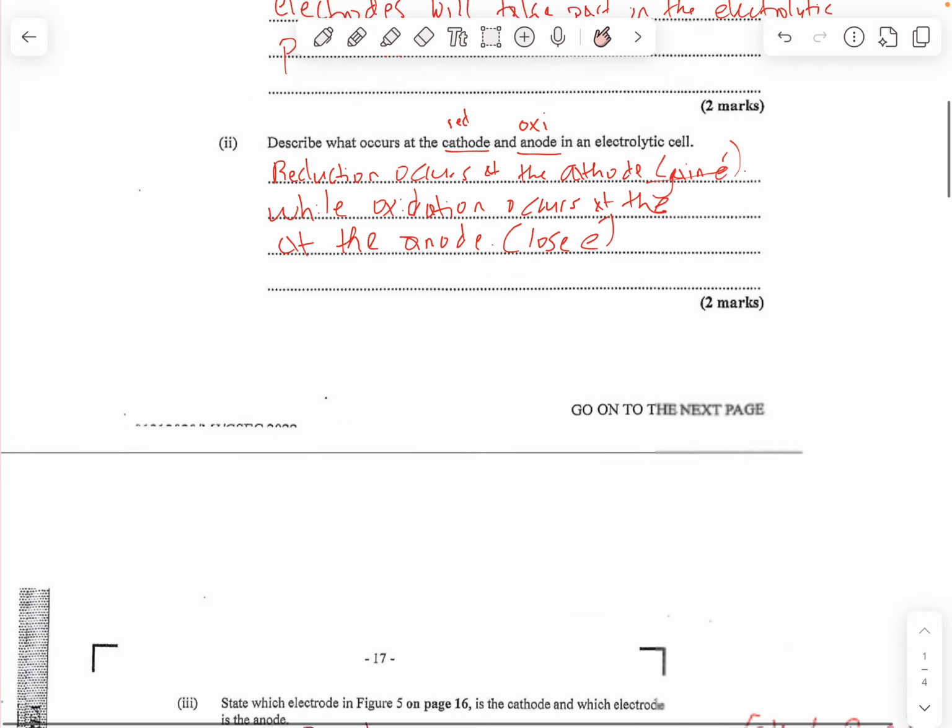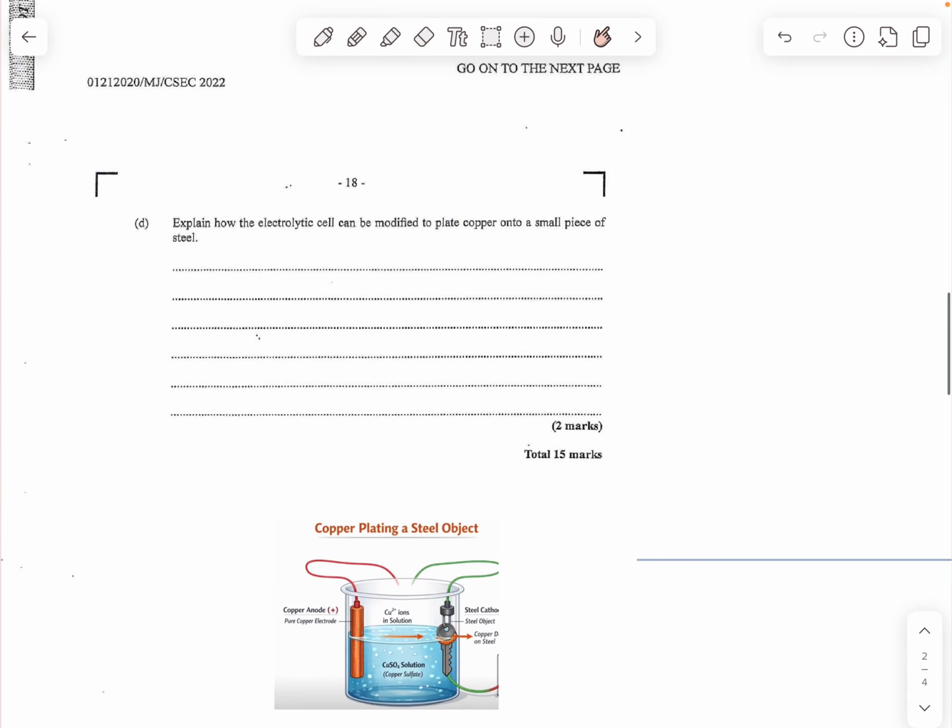Now let me go back to our question to see if we can put it in a sentence. It's 2 marks. Explain how the electrolytic cell can be modified to plate copper onto a small piece of steel.